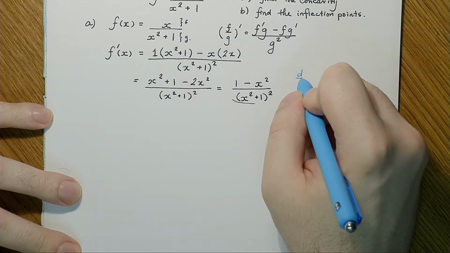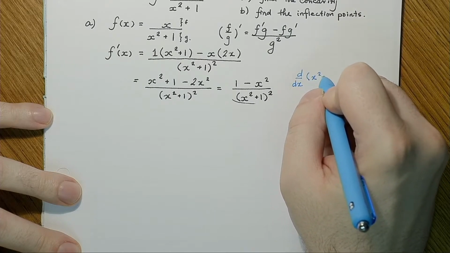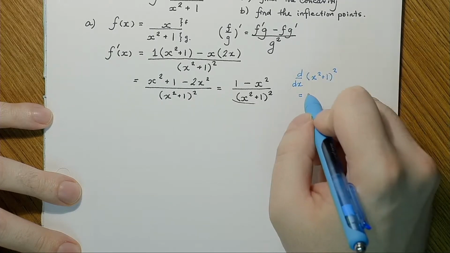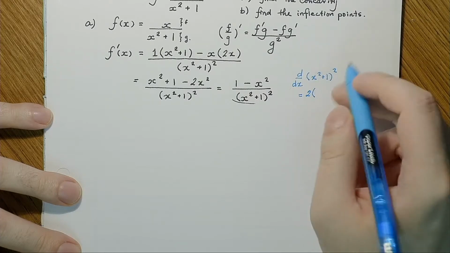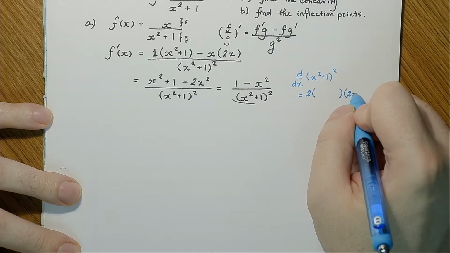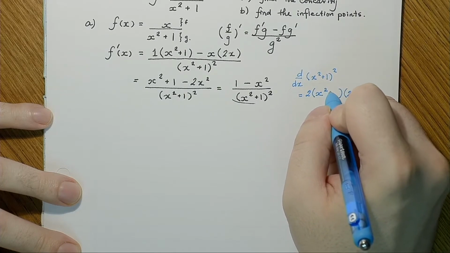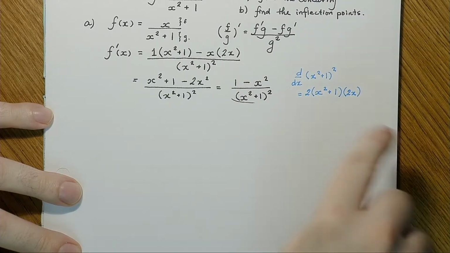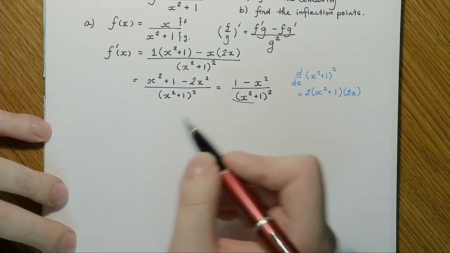So again, taking the chain rule of this, x squared plus 1, the 2 comes down in front, I leave the inside alone, and then I take the derivative of the inside, so I'm left with 2x, and that's it. The inside function is left alone like that. So again, I'll have to remember to use chain rule when I'm taking that derivative of the bottom function.